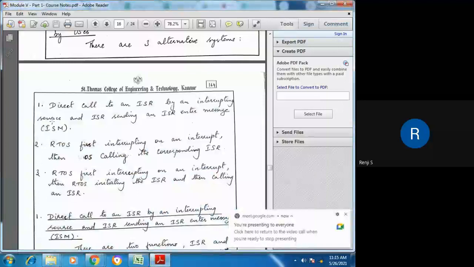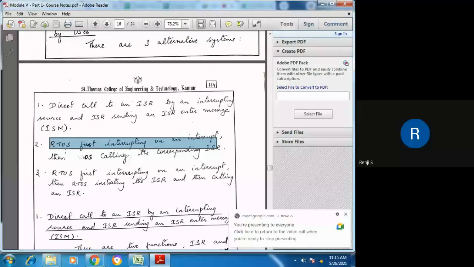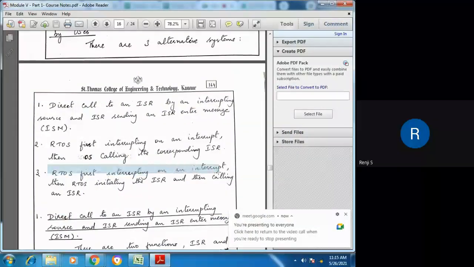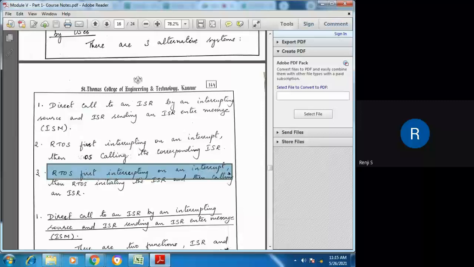Here, in the second method, I said the interrupting source is directly giving a request to the RTOS, that is our operating system, and the operating system will jump to the ISR as the request comes, and it will process. But in this case, the first step is the same. The interrupt request is going to the RTOS. The RTOS is getting interrupted on an interrupt. That means the interrupting source is interrupting the RTOS first, sending a request to the RTOS.